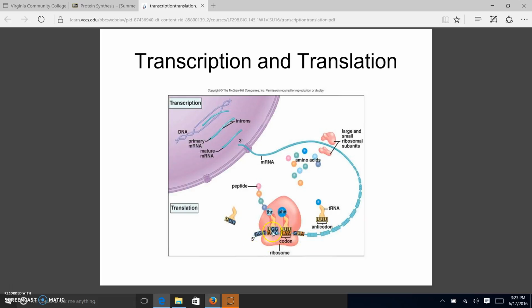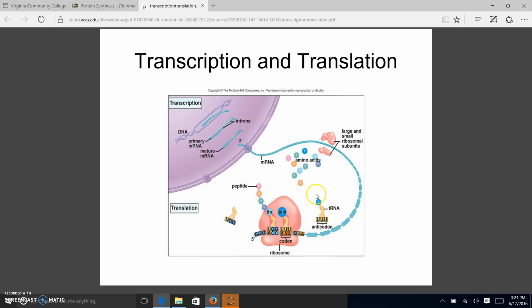Notice how they are complementary to each other. Adenine is complementary to uracil. Cytosine and guanine are always complementary to each other. So everywhere I have an A or an adenine, I have a U or a uracil that has to match it. So if that was AAA, we know that it would be looking, if that was UUU, we know it would be looking for AAA. So notice that UUU is looking for AAA.